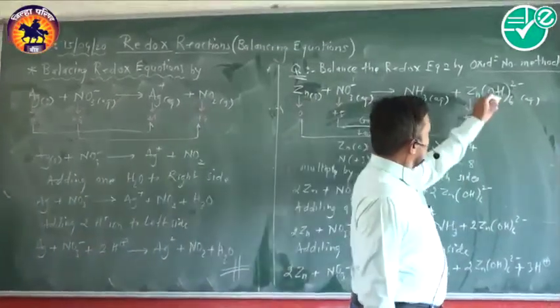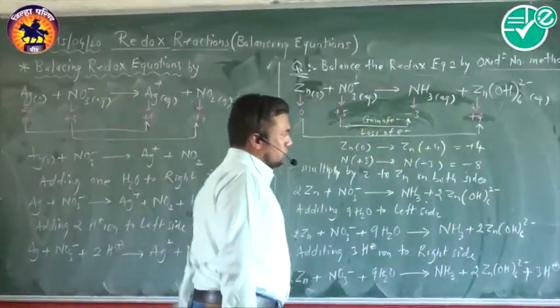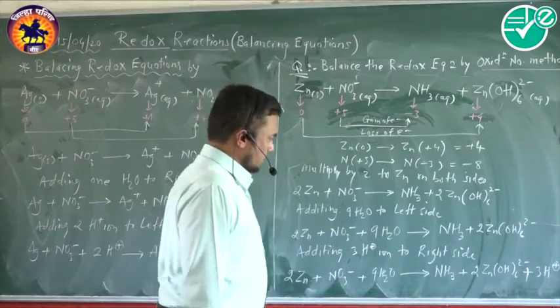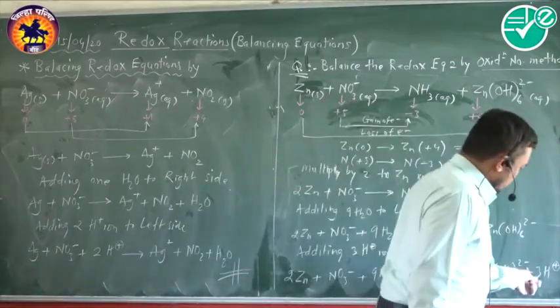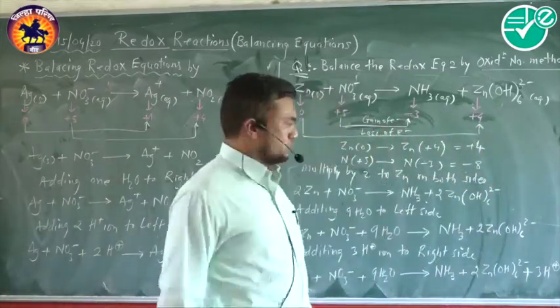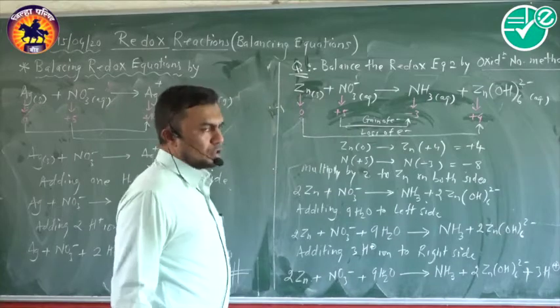Now, since the reaction undergoes in a basic medium, the 6th step is added, that is for these 3H plus ions in this equation, the same number of OH minus ions is added on both sides.